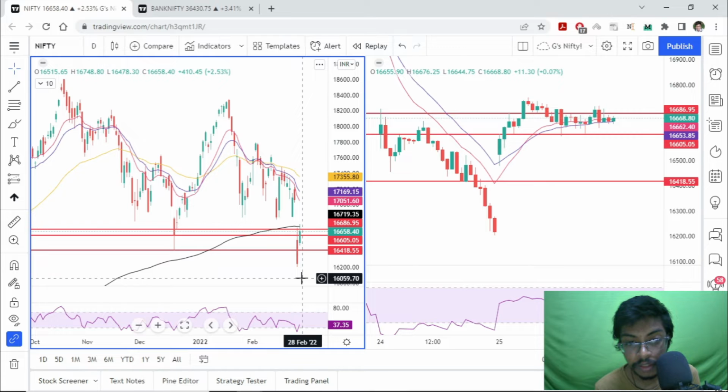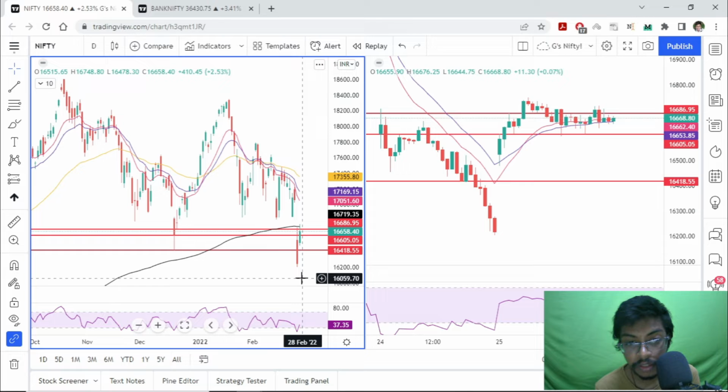So on a daily chart level, Friday's open would be the first initial support, followed by the lows of the previous day, that's Thursday. There's a lot of pain point present, and instead of seeing it as red, we can take it as a potential target for the day, honestly.